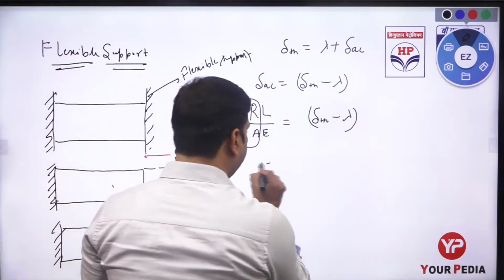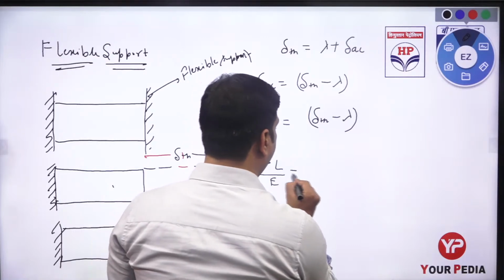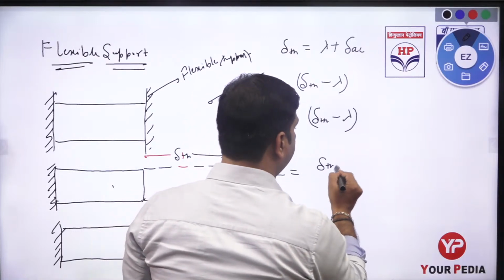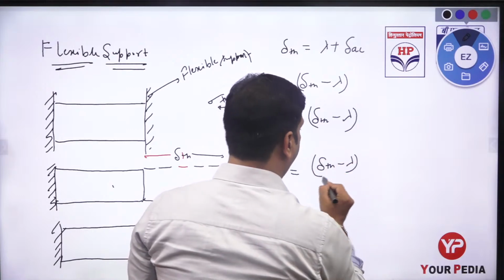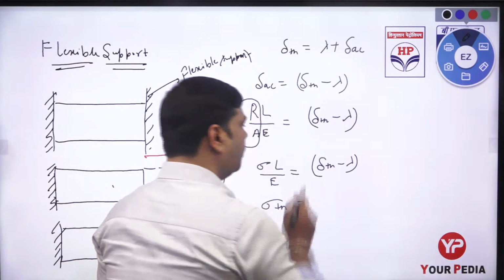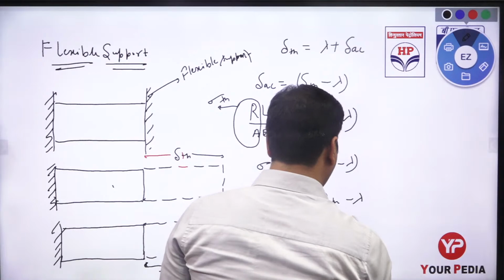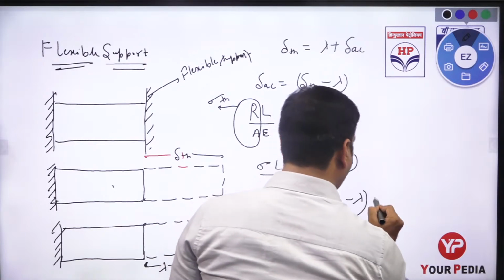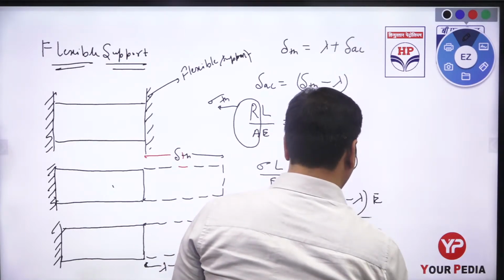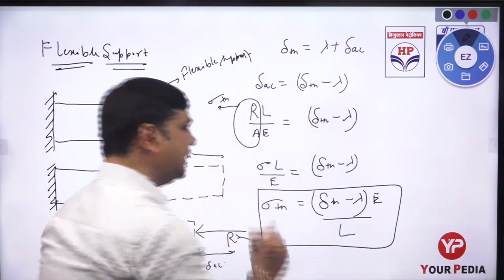So we can write sigma L by E equals delta th minus lambda. From this, thermal stress equals delta th minus lambda, into E by L. This is the formula when you are providing the flexible support.